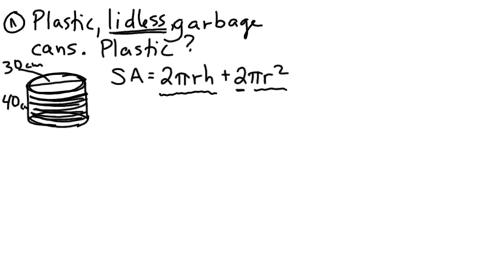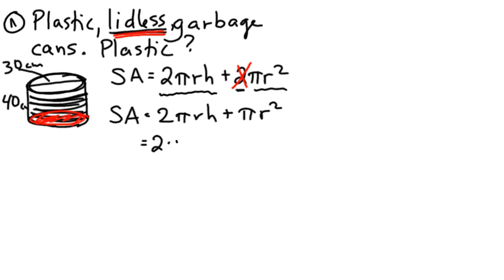We just have the circle on the bottom that would be made of plastic, but because it's lidless, we don't have 2, we just have 1 circle. So our formula, if you think about this particular question, is 2 pi RH plus pi r squared. So you have to be careful because not all situations use all parts of the object. So we could plug in 2 times pi times the radius.